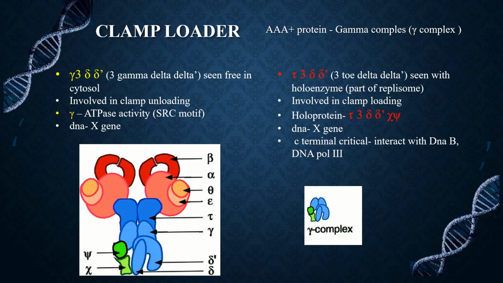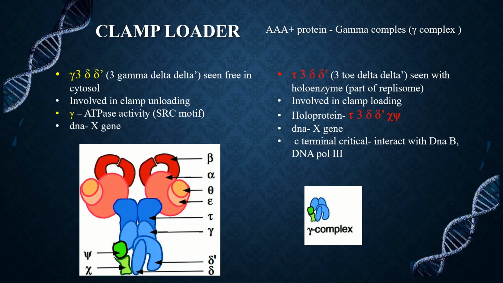The holoprotein consists of tau3 delta delta dash psi chi, and both tau and gamma are encoded by the same gene called dnaX. Complete transcription of the dnaX gene produces the tau subunit, whereas half transcription produces the gamma subunit. So gamma lacks the carboxy terminal region of the tau subunit.